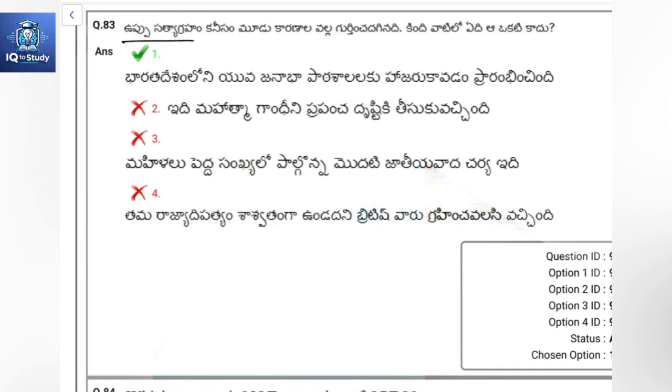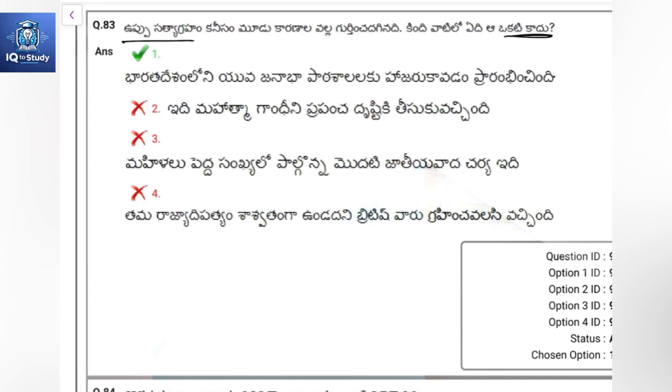Salt Satyagraha is notable for at least 3 reasons. Which of the following is not one of them? The young population in India began to attend schools. So it is wrong.